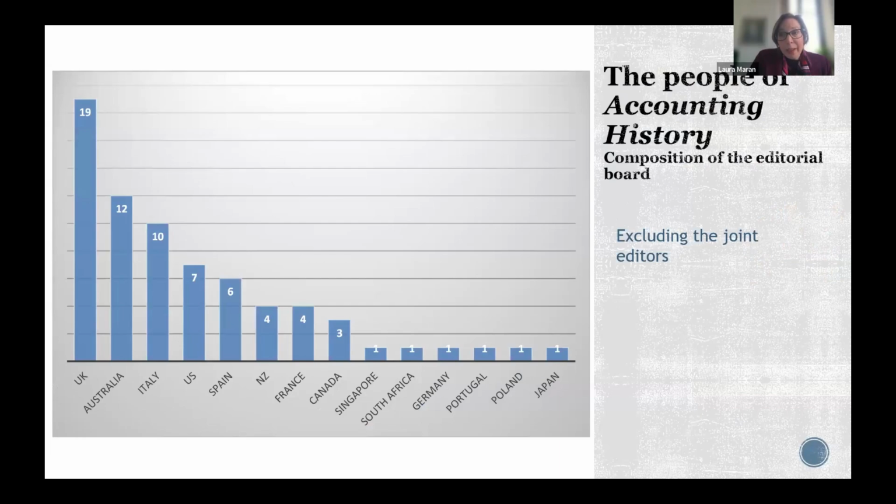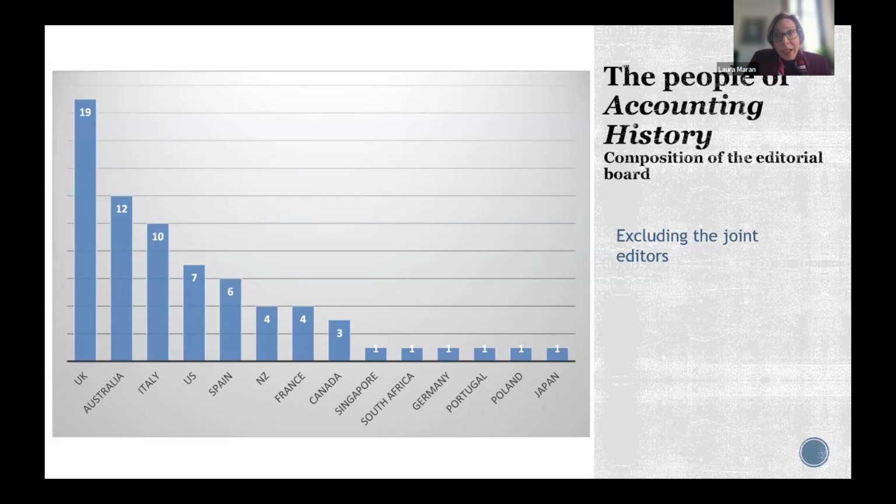As you can see from here, the representation on our editorial board is quite wide internationally, despite the fact that Accounting History is a journal owned by AFANS, Australia and New Zealand. We have a great presence not only of UK-affiliated people, but also of Italian-affiliated people, then the US, followed by Spain and other European countries.